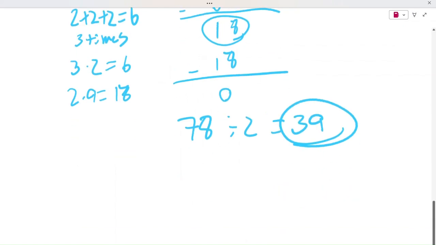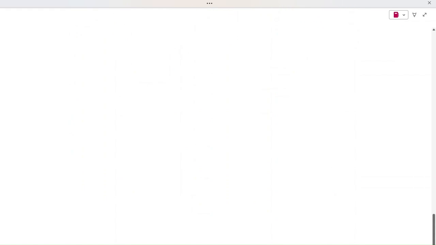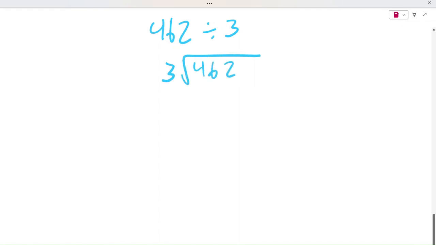Let's do another example. Say we have 462 divided by 3. Divisor outside, and dividend on the inside. So now we divide. 3 can go into 4 how many times? 1. The 1 goes above the 4.